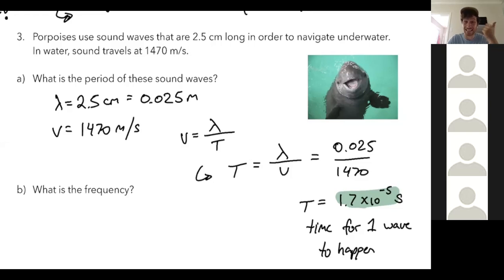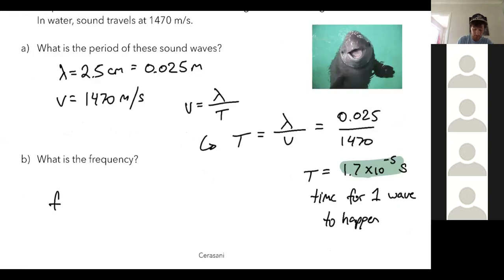That is a tiny, tiny time. And if you have a tiny, tiny small time for one wave to happen, that means you're gonna have a massive amount of waves happening in 1 second. So the frequency being 1 over the period, just being 1 over 1.7 times 10 to the negative 5, that gives you something like 58,800 hertz.